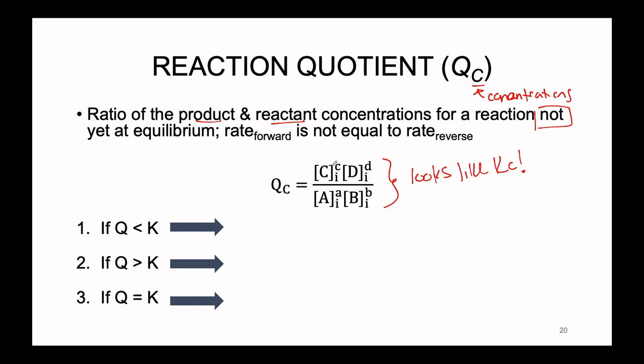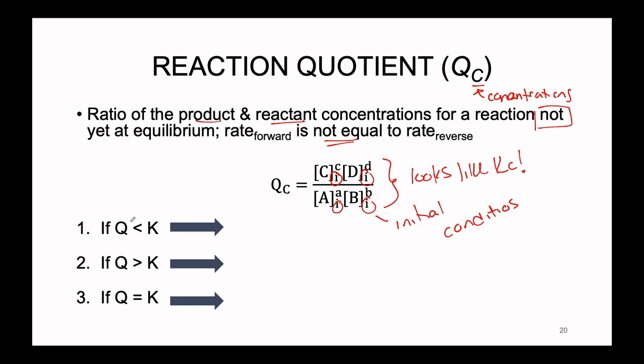The major difference is that this calculation for Q is not at equilibrium, since the forward rate is not necessarily yet equal to the reverse rate, which is why in the expression for Qc we have these little subscripts of i. These mean initial conditions. We are not at equilibrium.